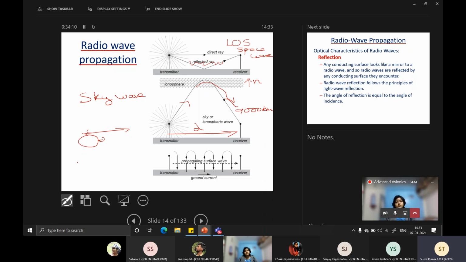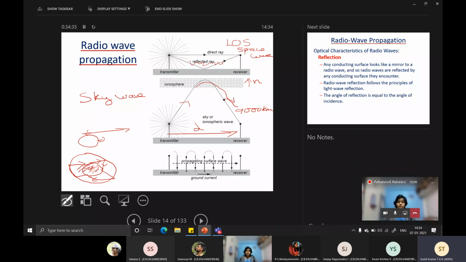Not only that, it's also possible to have multi-hop transmission. Like this is the Earth surface, and let's say the ionosphere is one fictitious sphere. You can have this sort of transmissions coming up, so around the globe also you can get it.